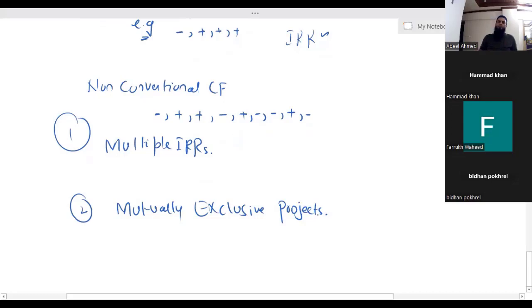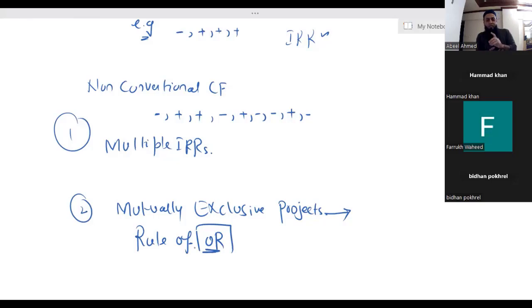Be quick. Mutually exclusive projects means the rule of OR. If there are 2 or 3 projects which are mutually exclusive, it means you can opt only one.